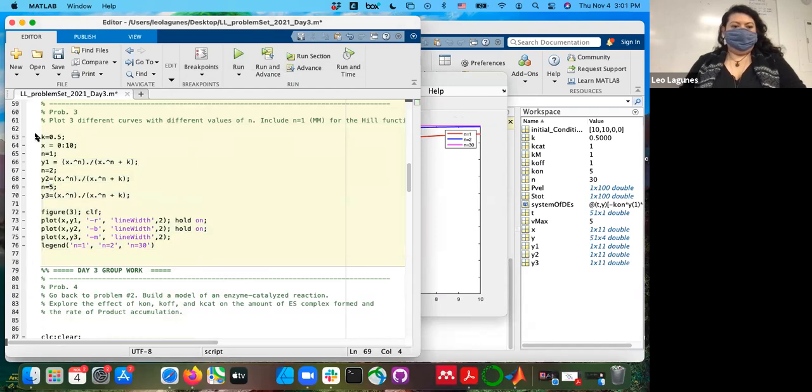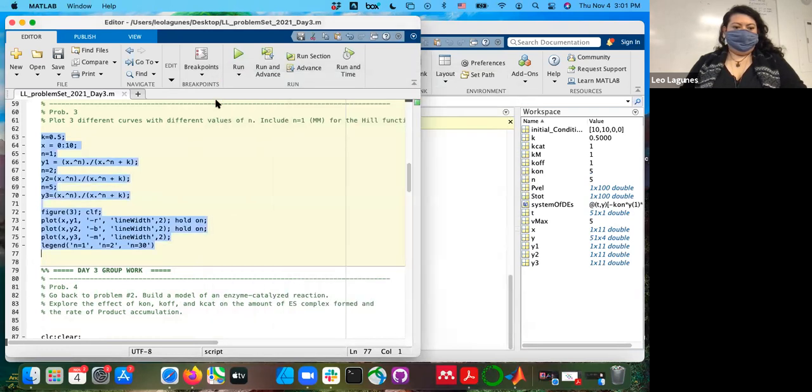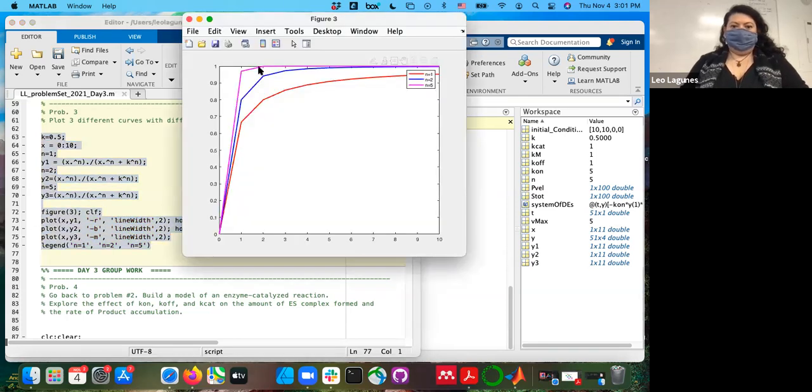Change around the plot a little tiny bit. You can do 5. This is 5. Oh, sorry, I forgot to add the n to all of these. There we go. You can see all the different plots here.